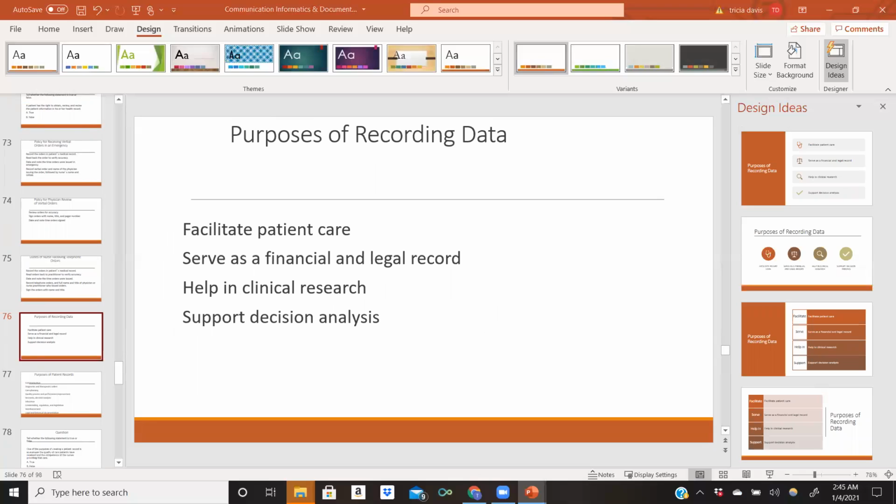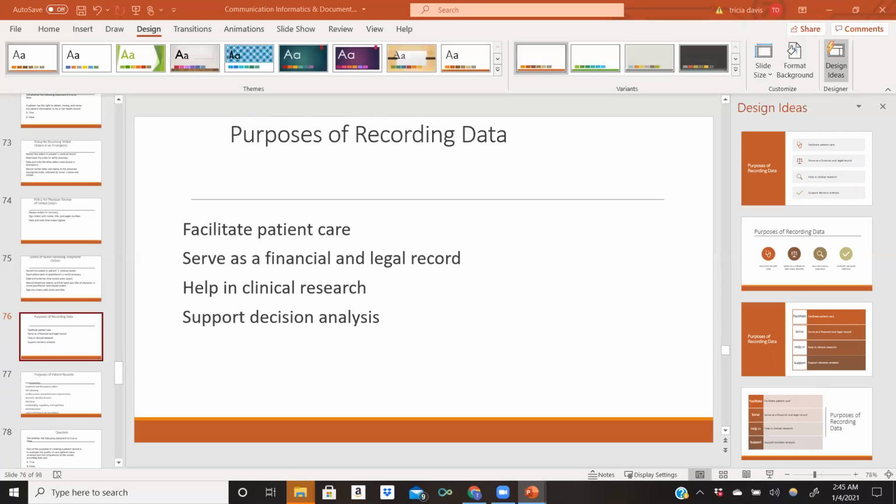So what is the purpose for recording data? Today we have increasingly sophisticated management systems that manage our information, and they help manage patient-specific data and information. These records contain data that's used to help facilitate quality care that's evidence-based, patient-centered.